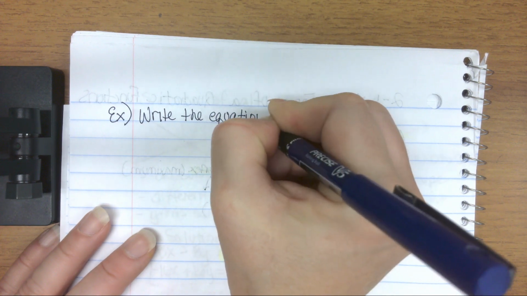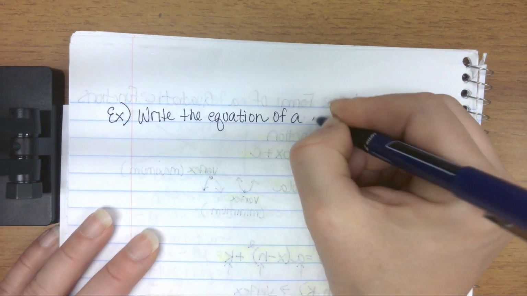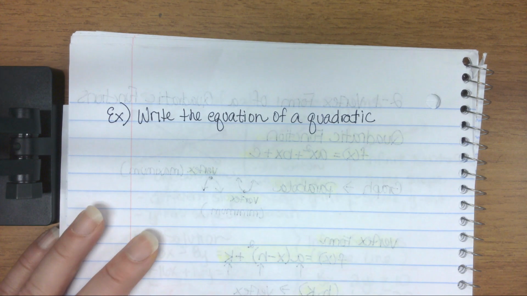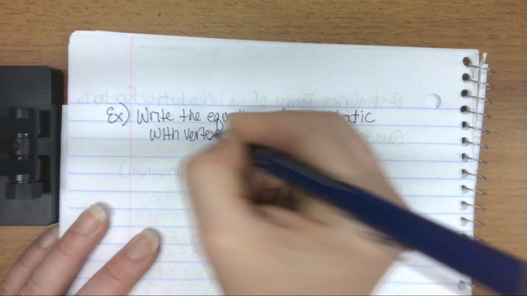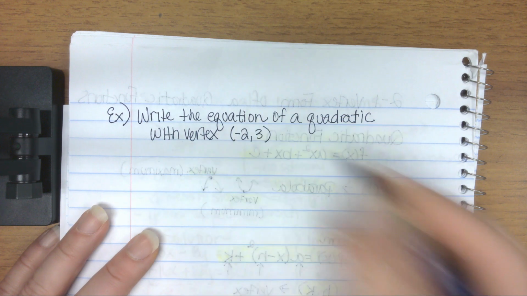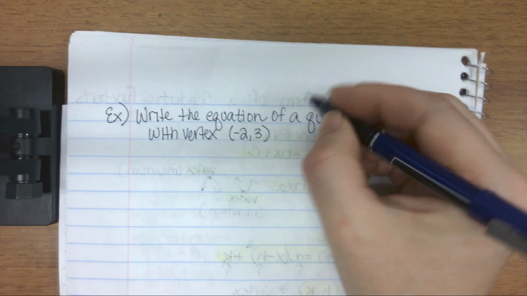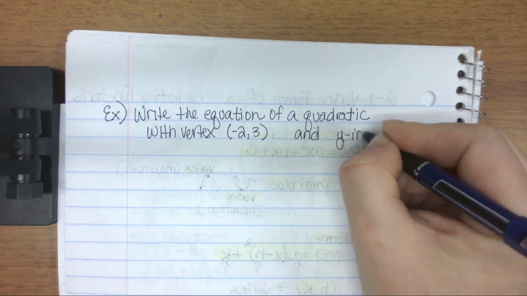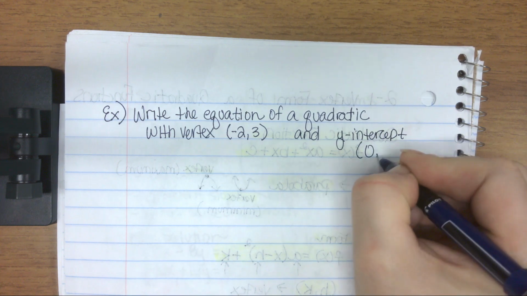So we're going to write the equation of a quadratic with vertex -2, 3, and y-intercept 0, -1.